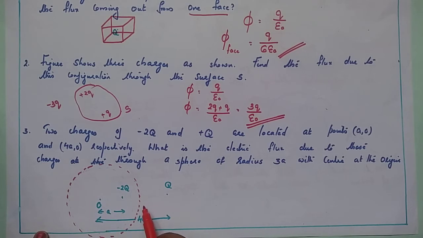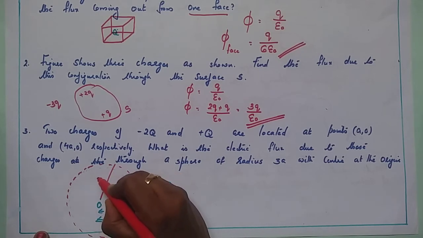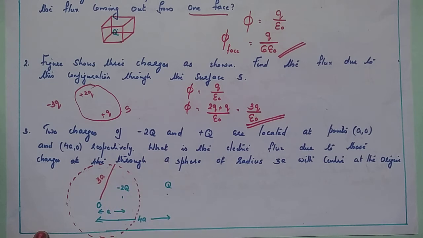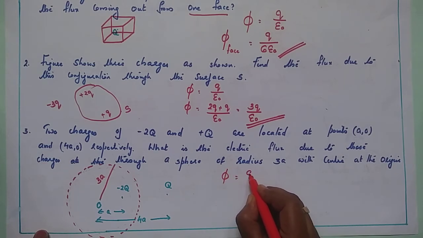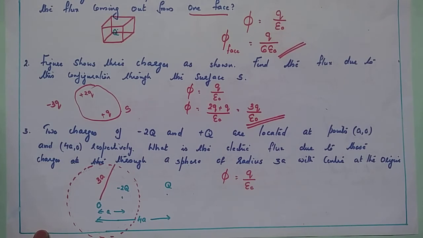What is the radius of the sphere? Radius of the sphere is equal to 3A. Clear? So how many charges does the sphere enclose? Only one charge, isn't it? Minus 2Q is the only charge enclosed by the sphere, and Q is outside the sphere. Again we can apply the same Gauss's theorem: phi equals Q upon epsilon 0.